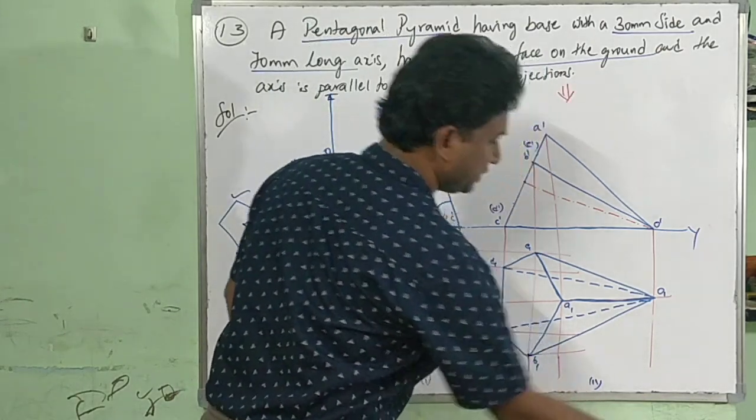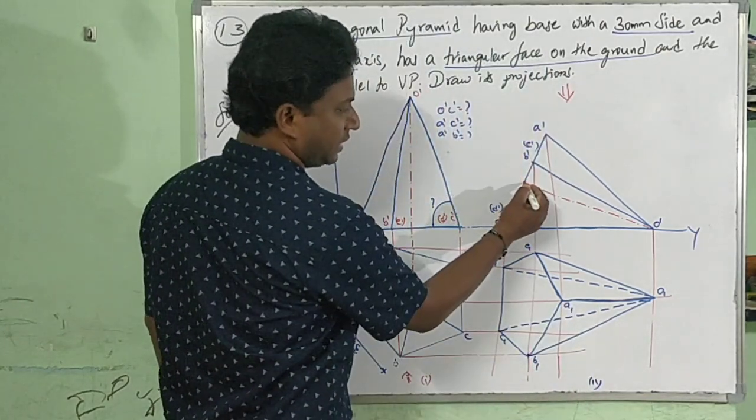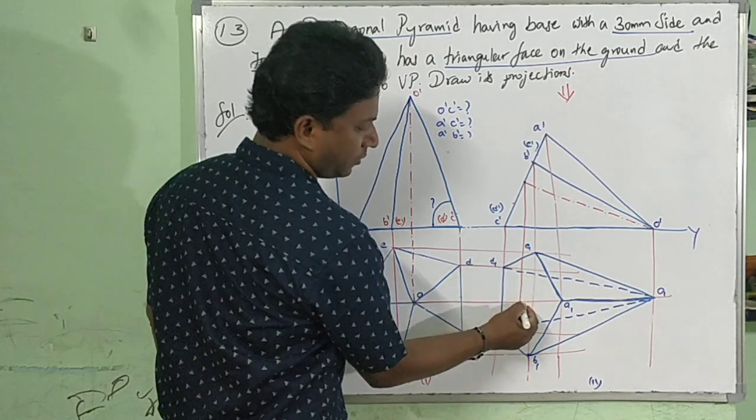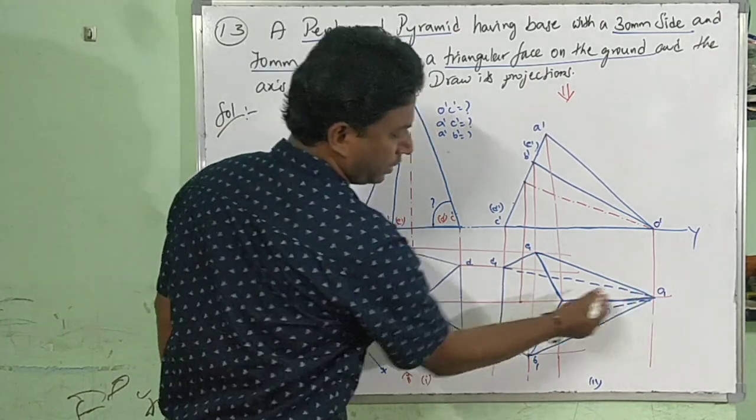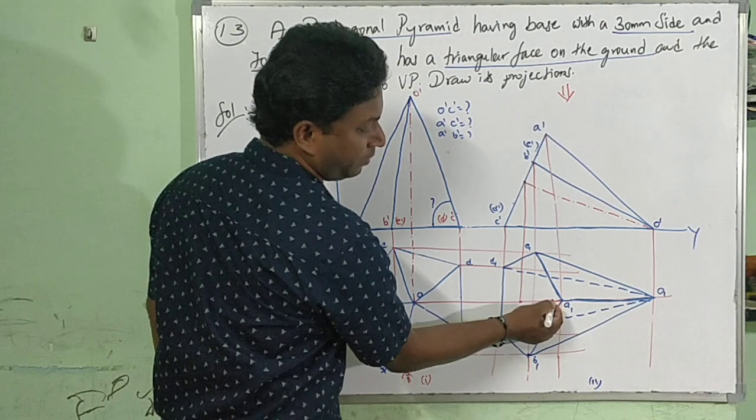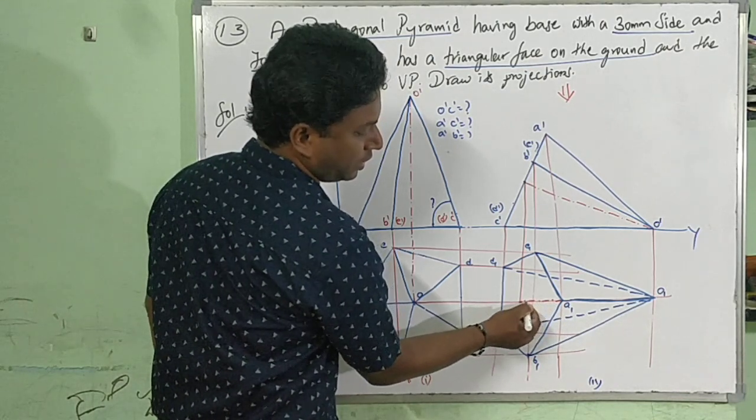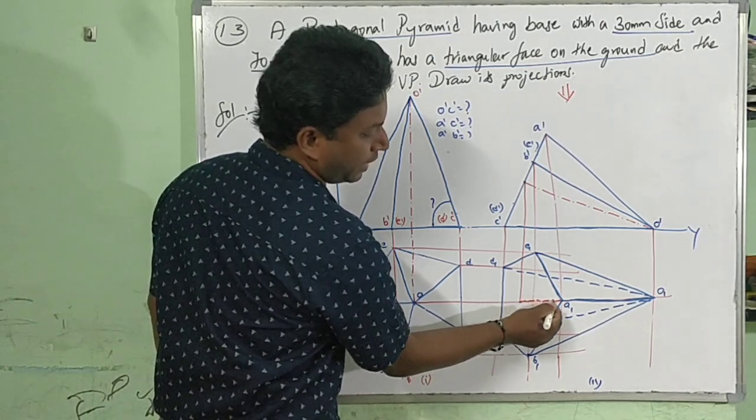Now finally, you are supposed to draw the axis line. From this center point, you draw a light line up to here, O1, where A1 is already there. Now in between, here you have to draw dash dot.